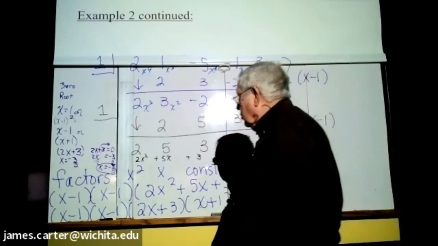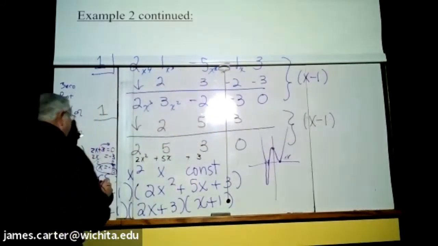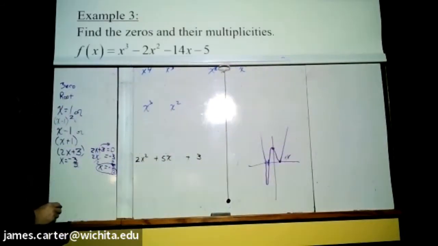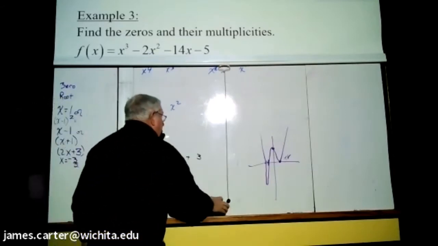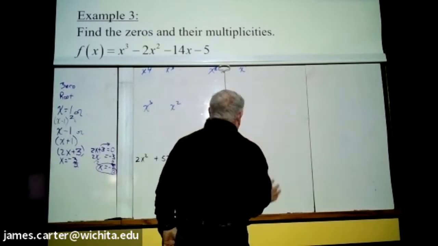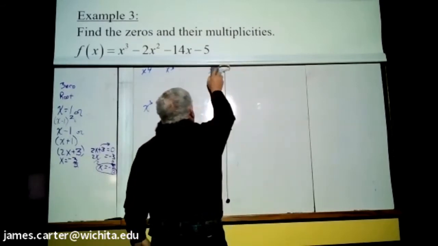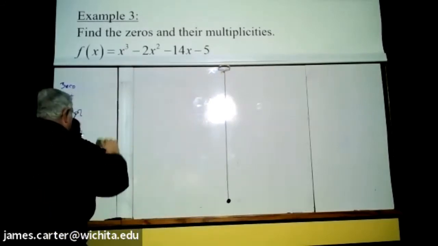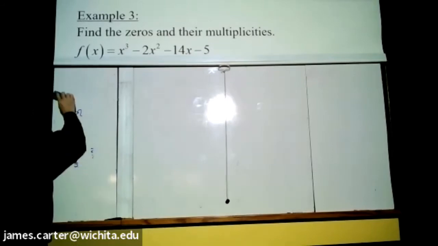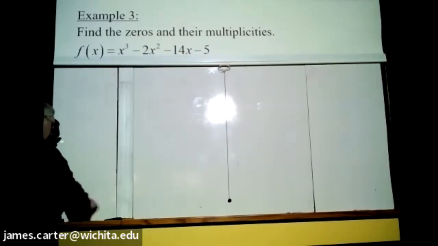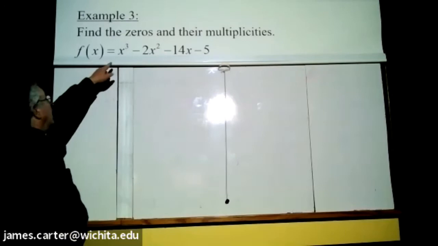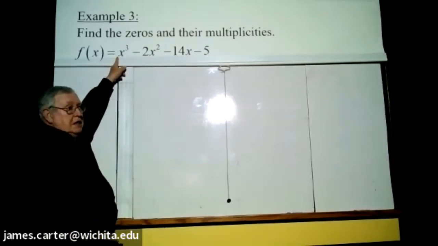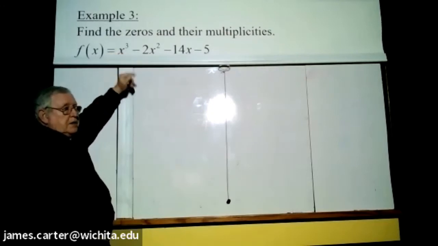So let's go on to the next slide. Okay, find the zeros and their multiplicities again. Same sort of a problem. Let me get rid of my scribbles. We've got a 1 up here, so that q term is just going to be 1, so it's going to be a non-factor.